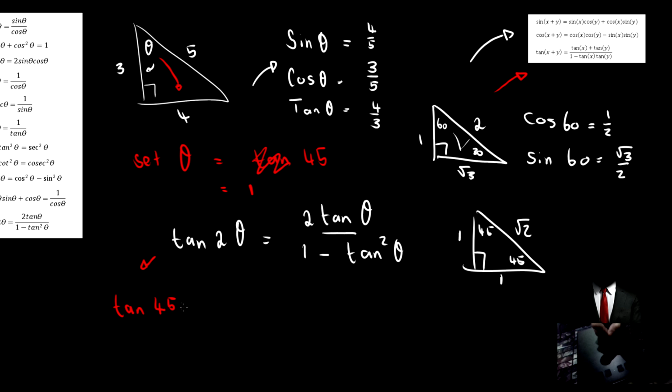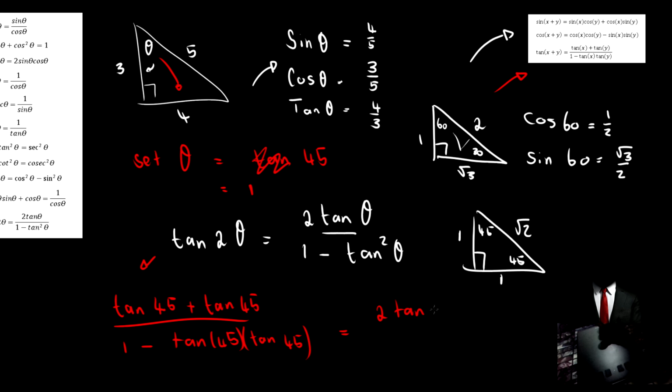So let's say the tan of 45 plus the tan of 45 over 1 minus tan of 45 times tan of 45, and this should be equal to 2 tan of 45 over 1 minus tan 45 squared.